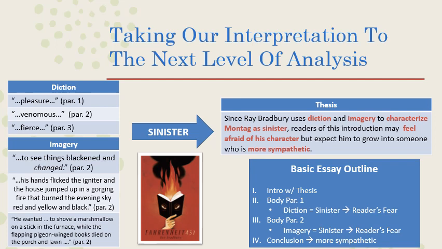And then, again, this is from our last lesson, one way that we could break this thesis into a very basic essay is to write one body paragraph about how diction characterizes him as sinister, and then relate that diction and sinister sensation of him to how it's creating a sense of fear about this character. We would do the same thing with imagery, how it's creating or reinforcing the sinister character of Montag, and also feeding into the reader's sense of fear. We could do it that way.